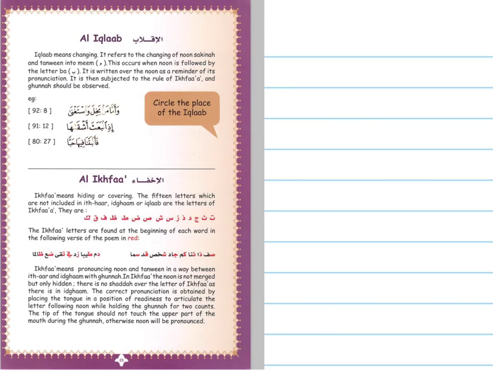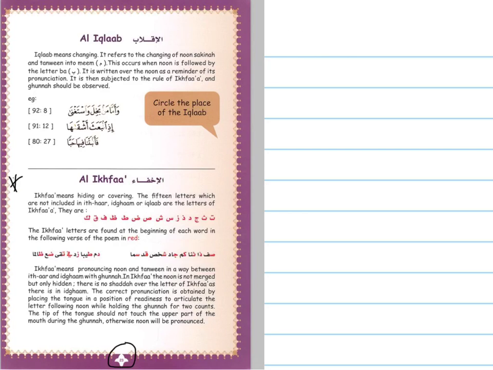The relevant page of your textbook is page 23, and it's from here onwards. Ikhfaa is a word which means to hide. We'll come on to what you actually do when you read the Quran in order to apply this rule.